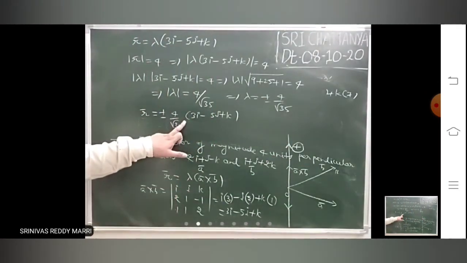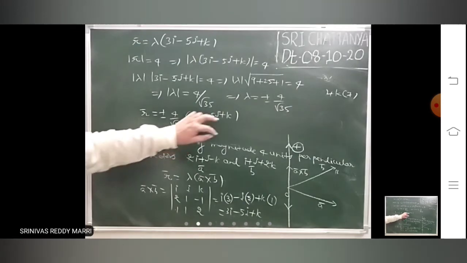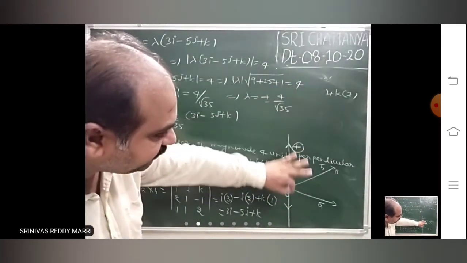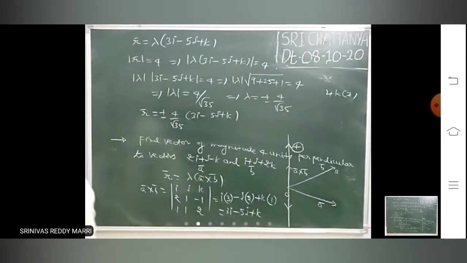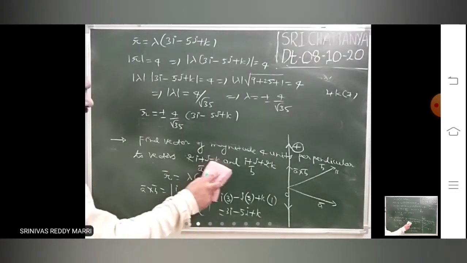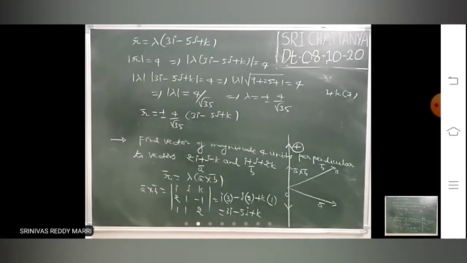That's why you will get two vectors. These vectors will be along your pen, that means along the normal to the plane. So whenever you want a vector perpendicular to A bar and B bar, take it in this form, lambda into A bar cross B bar.